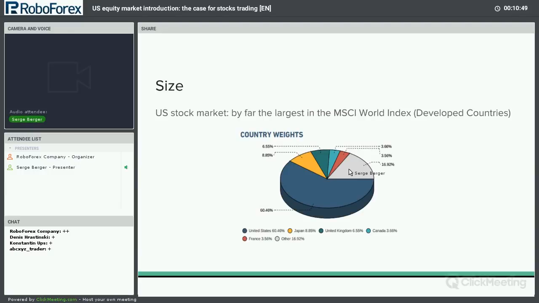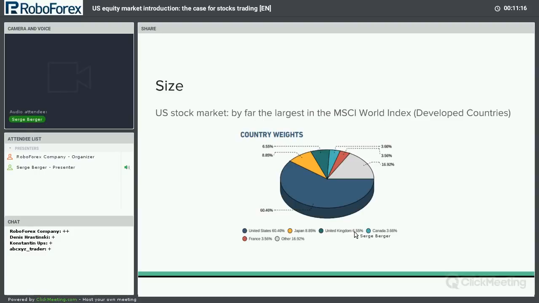So that kind of just tells you the size of it. And again, you look at something like the UK market, right, which is not a small market, but it's only 6% or 6.5% or so right now of this entire cake. So, again, just to put this in context, Japan you can see is about 8-9%, and then Canada is a very small 3.7% or so.